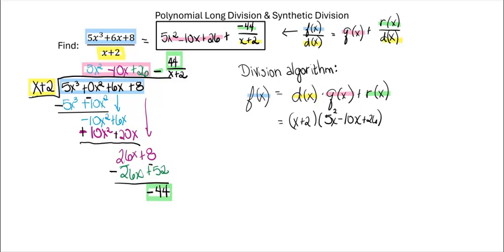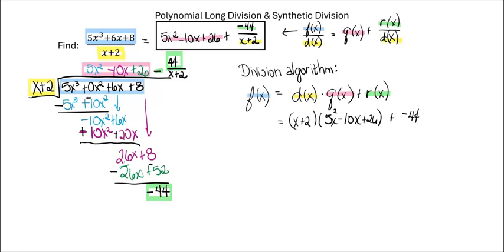Those two numbers multiplied together will give me almost the 5x to the third plus 6x plus 8. But before it does that, I have to add what was left over, the remainder, which is negative 44. So I could say minus 44.